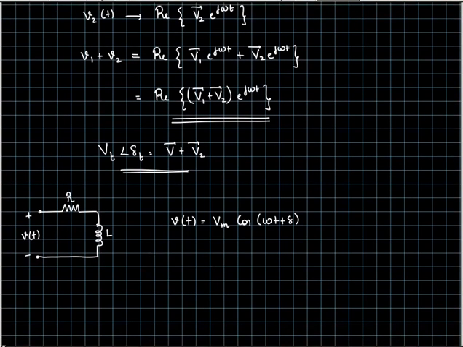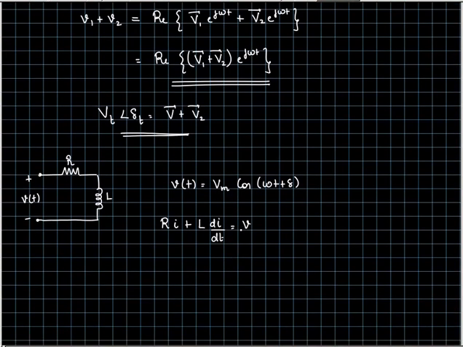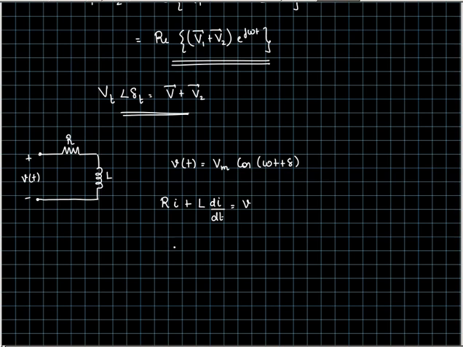Then you could formulate the differential equation corresponding to this circuit as Ri plus L di/dt is equal to V. So, i and v are both functions of time, and then you can try to solve it.